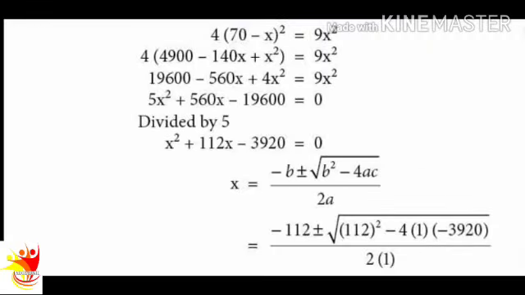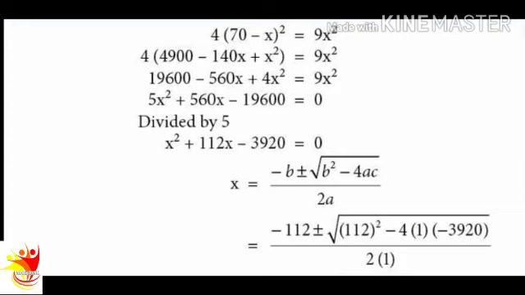Cross multiplying, 4 into 70 minus x the whole square equals 9x square. Therefore 4 into 70 minus x the whole square. Using the formula a minus b the whole square equals a square minus 2ab plus b square, with a value 70: 4900 minus 2 into 70 into x, minus 140x, plus x square, equals 9x square.